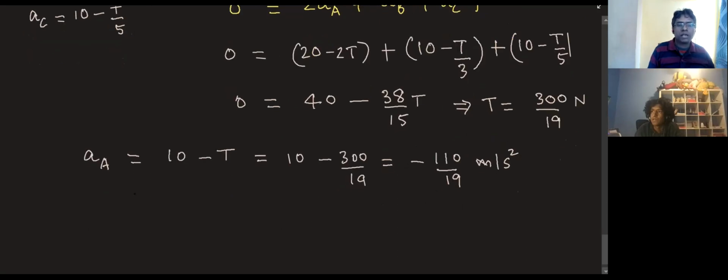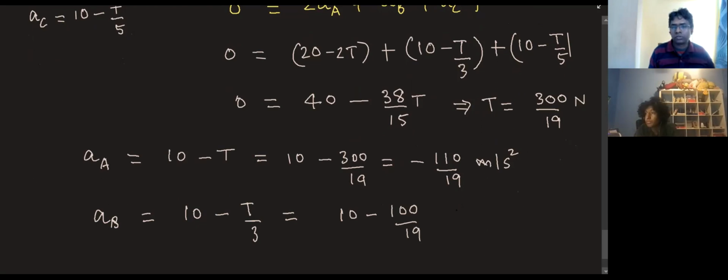So similarly, I can get AB, acceleration of B, as 10 minus T by 3. So if I divide by 3, I think that is 10 minus 100 by 19. Okay, so we end up having 90 by 19. I think we got the same answers, right? 90 by 19.